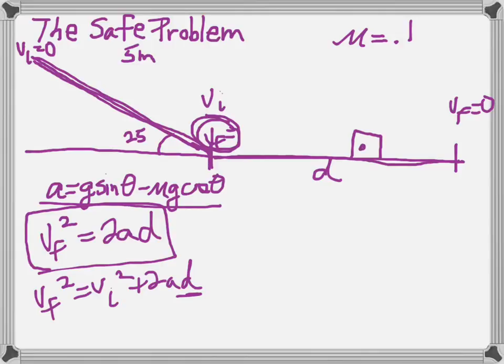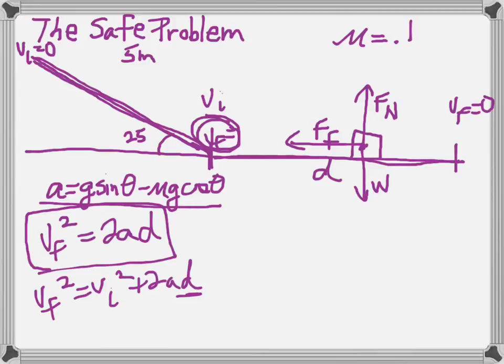If we do that, it's kind of interesting. We have the weight working down. We have normal force working up. The object is going to the right, but there is no force causing it to go to the right now. That force has all been expended, and now it's just slowing down. So there is force going to the left, which would be friction.